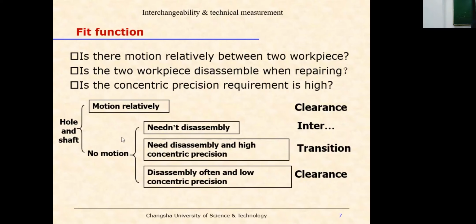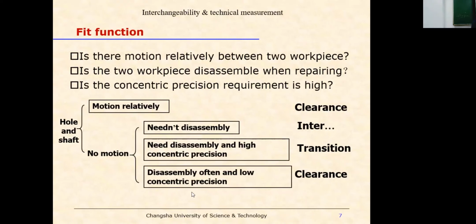If there's no motion and no disassembly, just a firm connection, and we don't need to repair, we choose interference. When we need disassembly and high concentricity precision, we choose the transition fit.